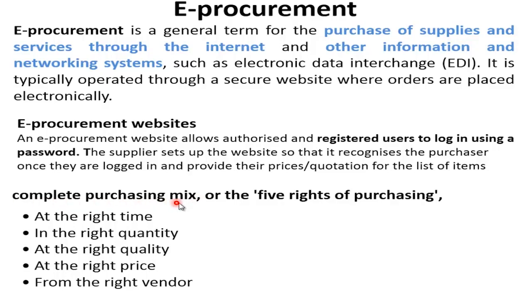Complete purchasing mix, the five rights of purchasing. What are these five rights of purchasing? The right time: at the right time the procurement has to be done, goods have to be purchased. It has to be in the right quantity, at the right quality. Not only the quantity, the quality should be there, and also the right price, and also the right vendor.